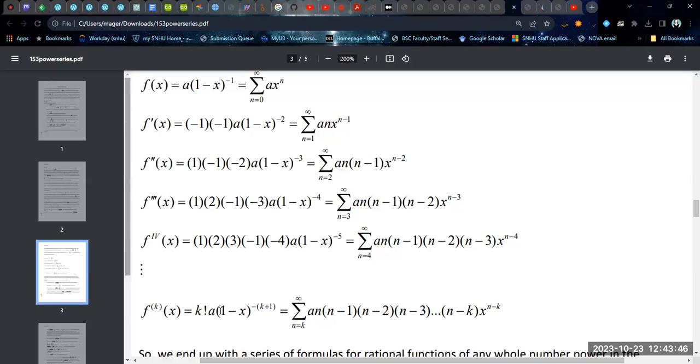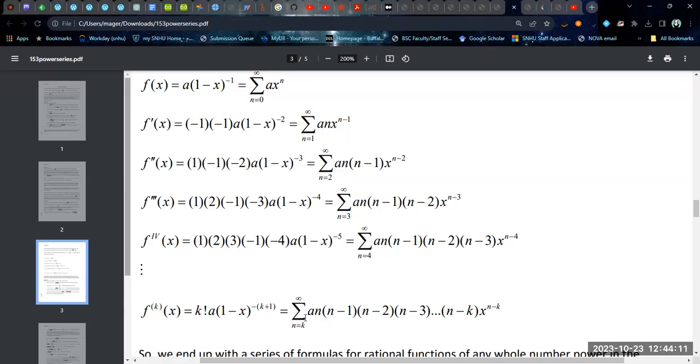And then my denominator will be 1 minus x to the negative k plus 1. So it was negative 1 to start with. When there's one derivative, this is going to be 1 plus 1, which is going to give me negative 2. And then my second derivative is going to give me 2 plus 1, which is going to be negative 3, and so forth.